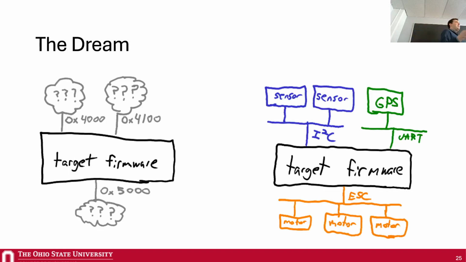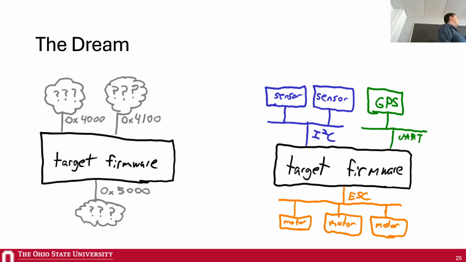So the dream in the system that we call ProtoReveal is, in our firmware analysis, to go from a situation like on the left, where we have this firmware, we're able to see that it's touching all these peripheral interfaces in what we call the MMIO region, but we don't really know what it's doing, to something more like on the right, where we can clearly determine what the interfaces are, what protocols are being used, and ultimately what the devices, the peripherals on the other end, are.